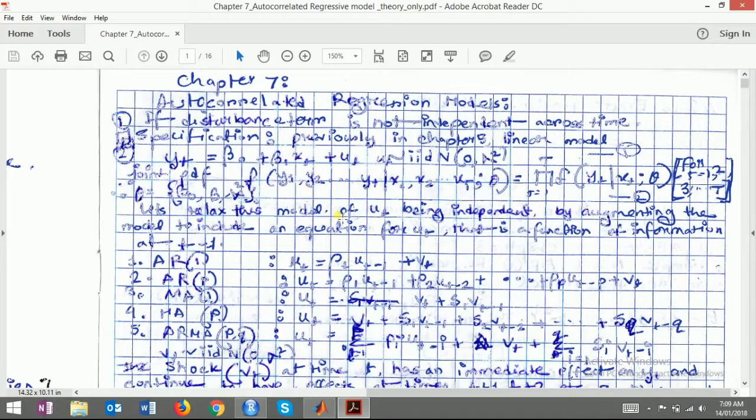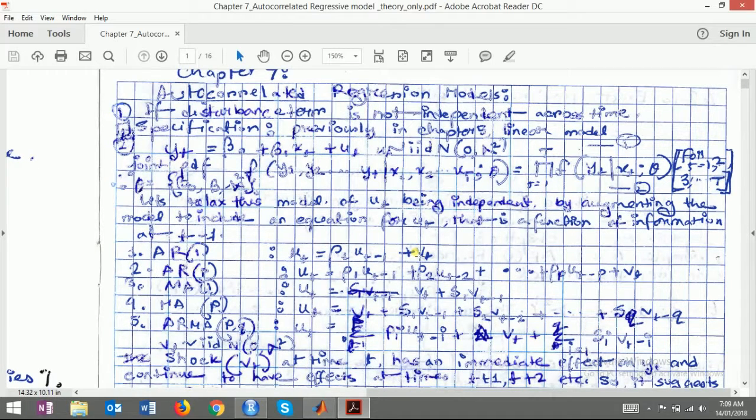A linear model looks like this: yt equals beta naught plus beta 1 xt plus ut, where the residual ut was IID with zero mean and sigma square variance, and the joint probability density function was a function of y1 to yT conditional upon x1 to xT.